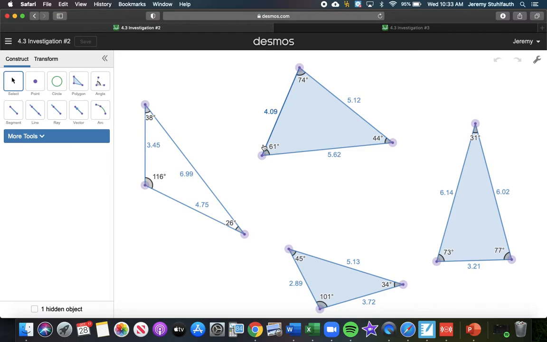So we'll use this one. I'm going to draw this 116-degree angle in my notes. 6.99. We had 38 degrees over here. That was 4.75. And then 26 degrees over here. That was 3.45. So let's jump back over to our notes.